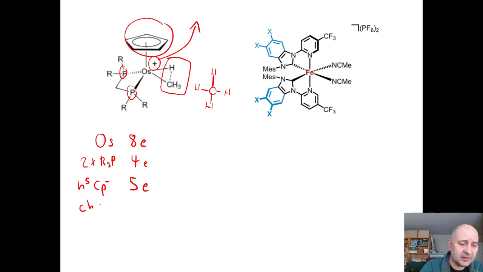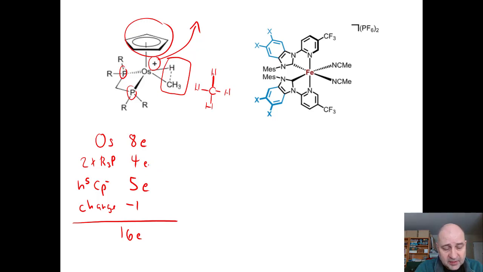So I will subtract this right here, which brings us to 16 electrons. Let's make sure: 4, 12, and 4. That's 16 electrons, and so it would make sense that this 3 center 2 electron bond would be a 2 electron donor, or this CH4, and then that's most likely what it is.